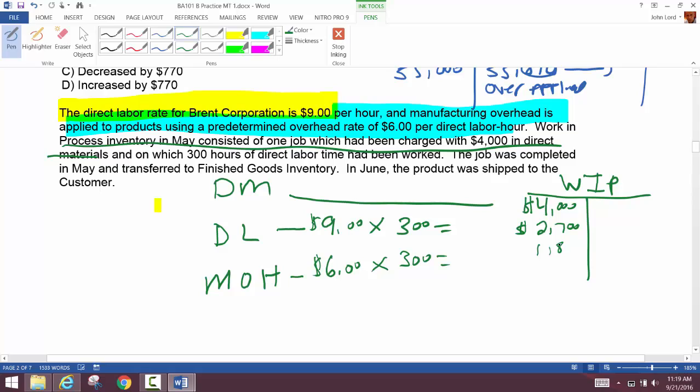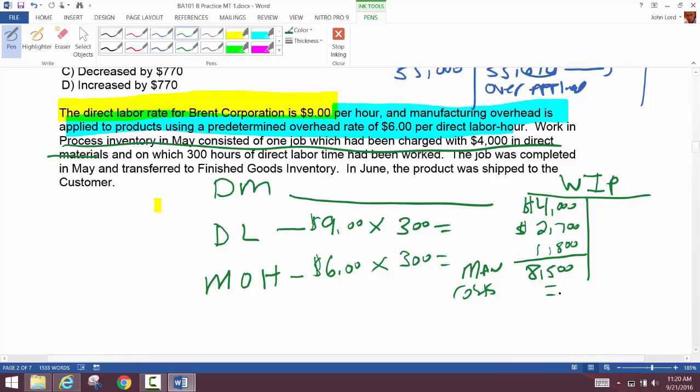Okay, good. So the total cost, my manufacturing cost, is how much? 8,500? 8,500 is my total manufacturing cost, right?